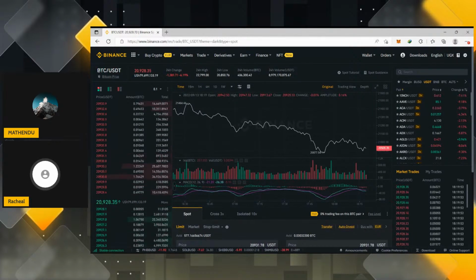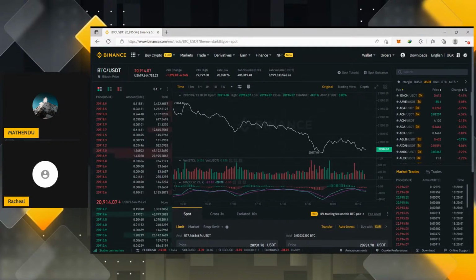What we see here, BTC/USDT, is what we call a trade pair. That means this specific chart is for trading BTC against USDT. If I have BTC and I want to sell it for USDT, this is the right pair, and vice versa. If I have USDT and I want to buy BTC, this is the right trade pair.